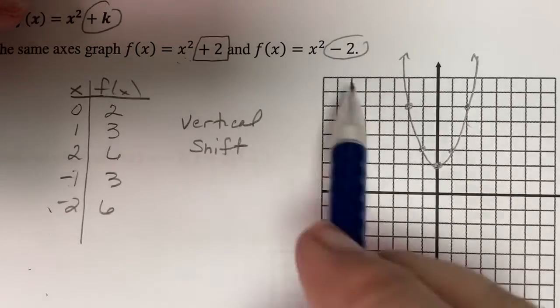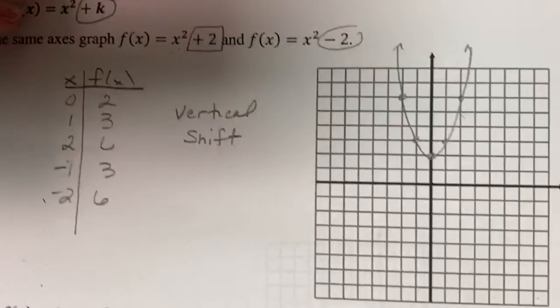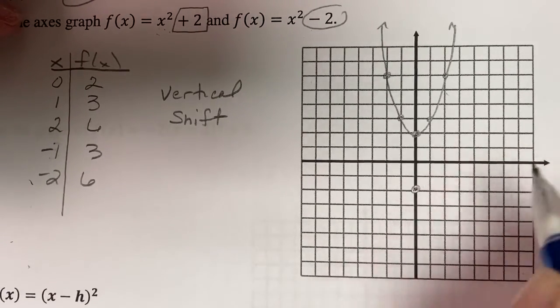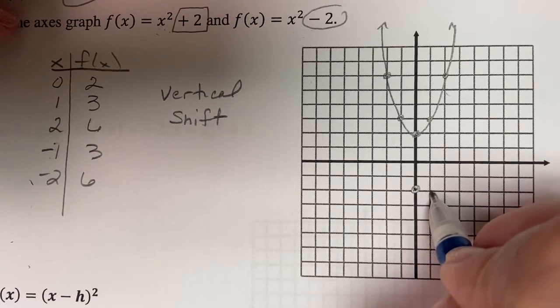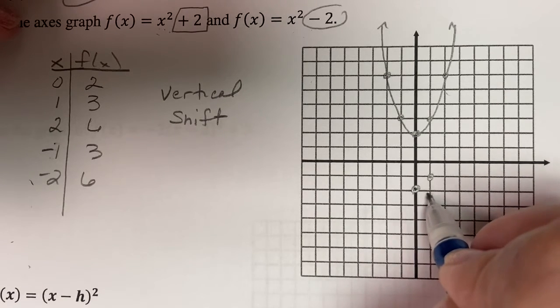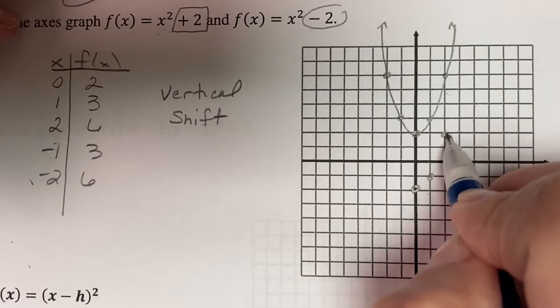So hopefully you could do this one without a chart, because you know that this is just going to take our parent graph and shift it down 2. So that means my vertex is going to go down 2 from the origin. Now let's use that relationship we just talked about. I'm going to go to the right 1 and up 1 from the vertex. And then from the vertex, I'm going to go to the right 2 and up 4.